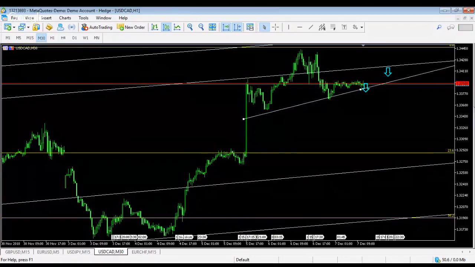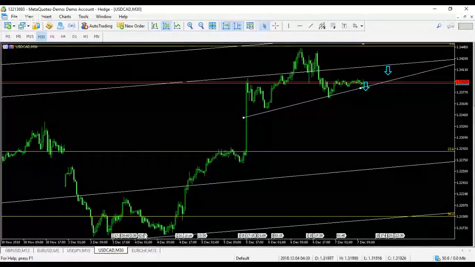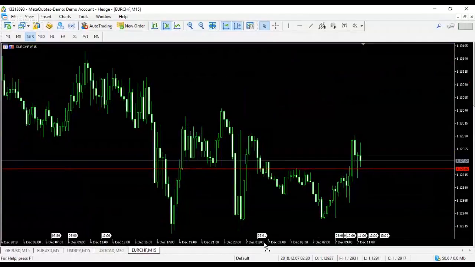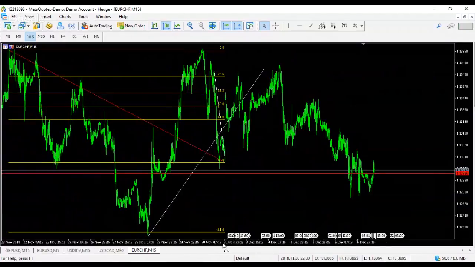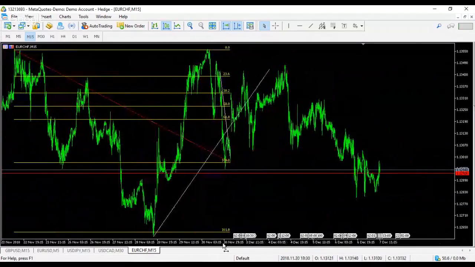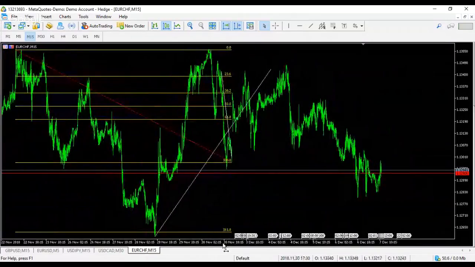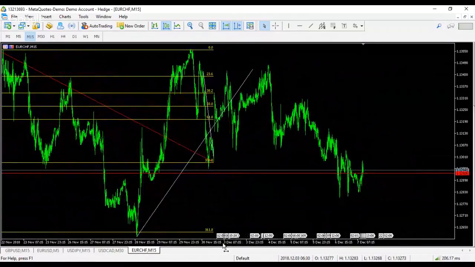Okay, let's look at the other trades. Let's come here and do a quick analysis of what we basically do now. As we see here, this is from the previous days. This was a buy here, and the buy went up until how many pips?